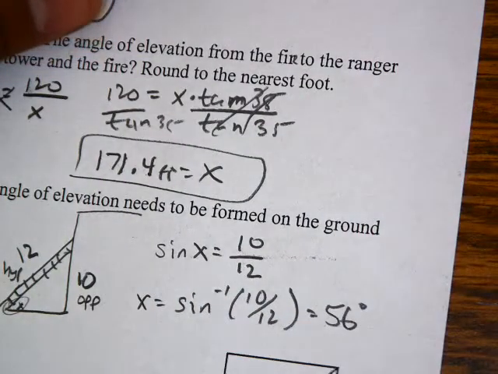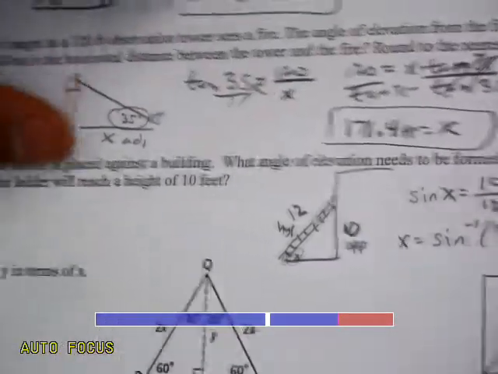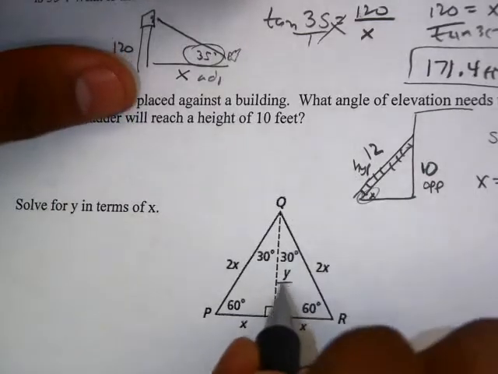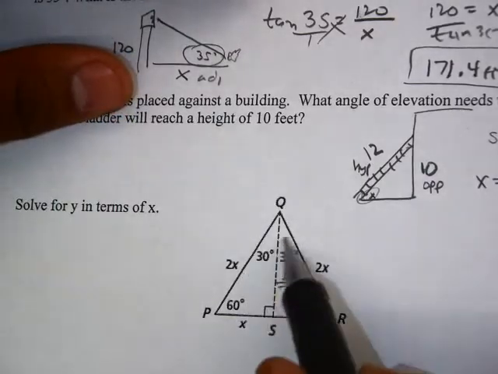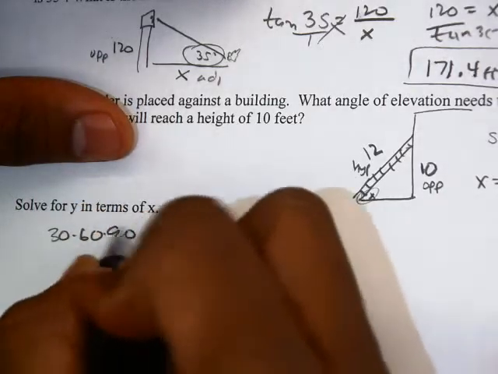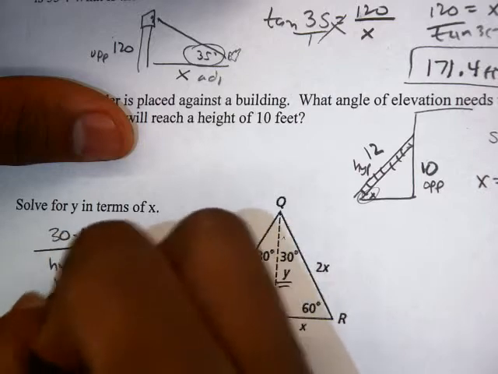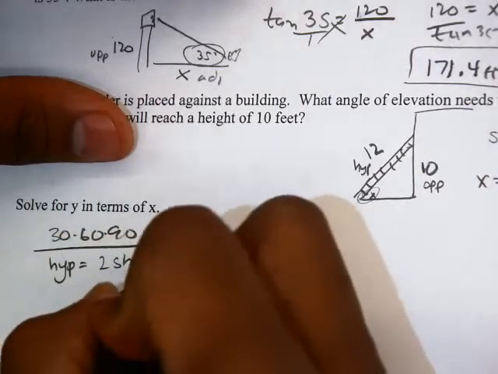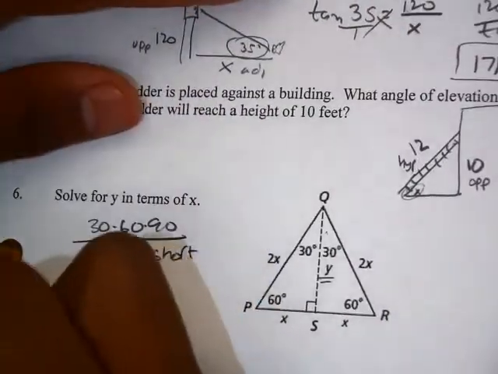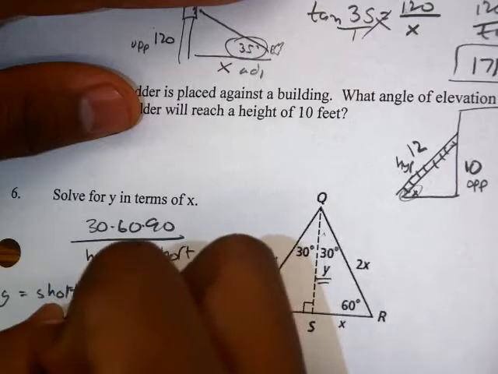Okay. So number 6 involves using these rules. I need to solve for this y in terms of x. So this is a 30-60-90 right triangle. Remember the rules for the 30-60-90 right triangle: the hypotenuse is 2 times the short leg, and the long leg is the short leg times the square root of 3.